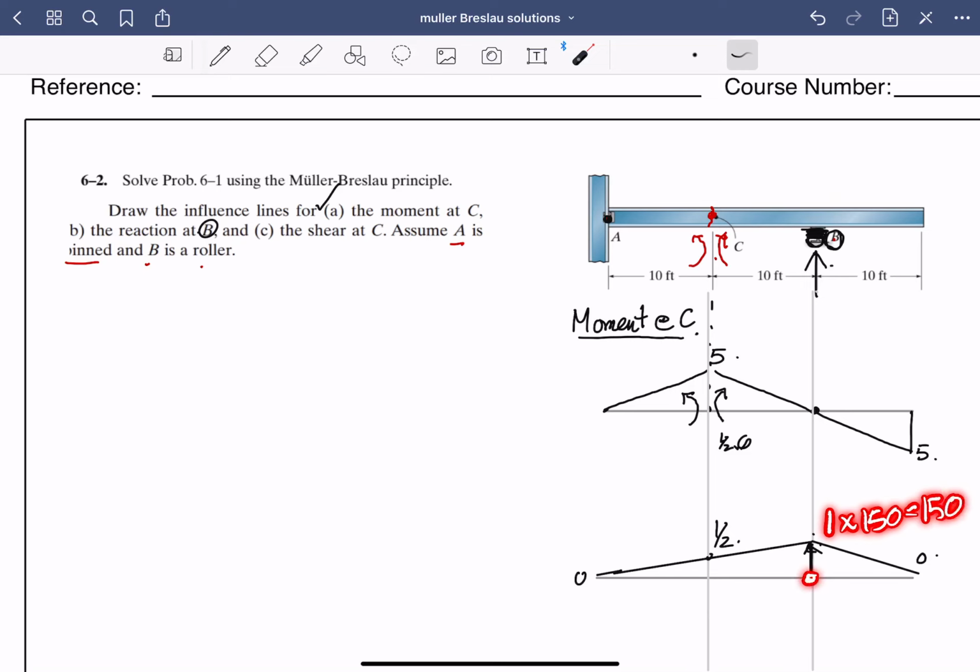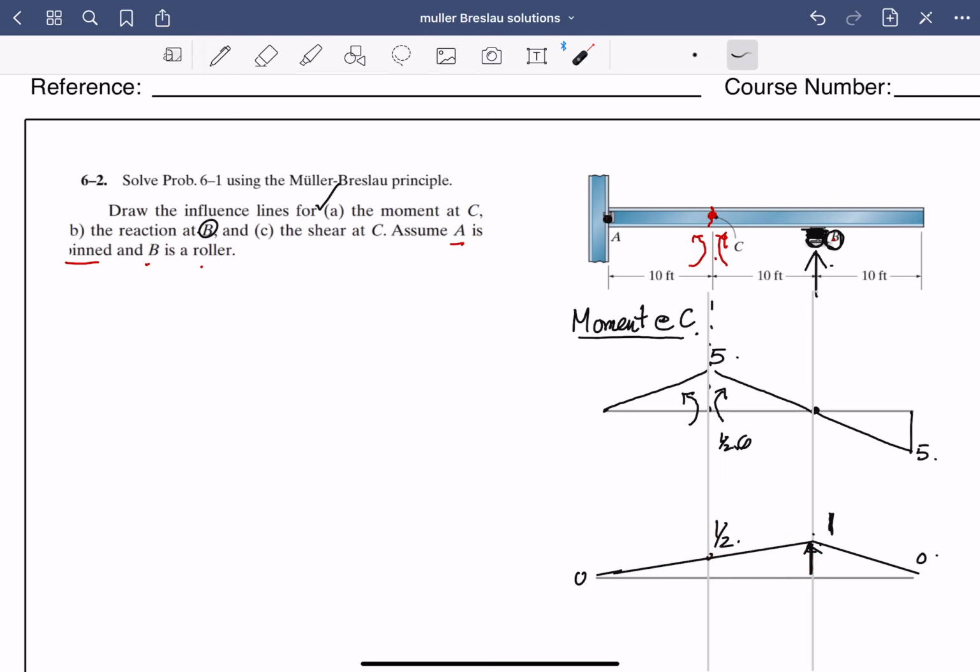So B feels 150 pounds right there. Taking that same logic, if I weighed 150 and stood at the halfway point, I'll take 150 times a half, which is equal to 75, and that's what it feels right there.